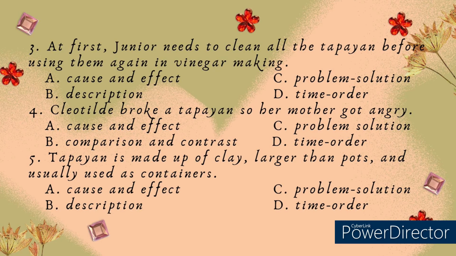B. Comparison and contrast. C. Problem solution. D. Time order. Number 5. Tapayan is made up of clay, larger than pots, and usually used as containers. A. Cause and effect. B. Description. C. Problem solution. D. Time order. Get your pen and paper to answer the following.